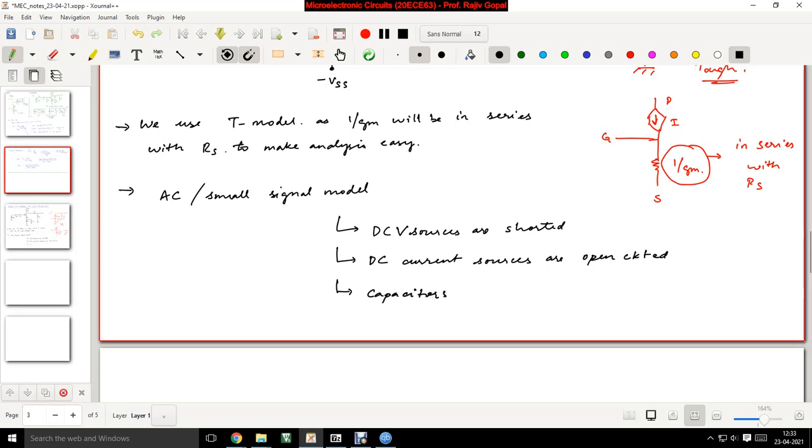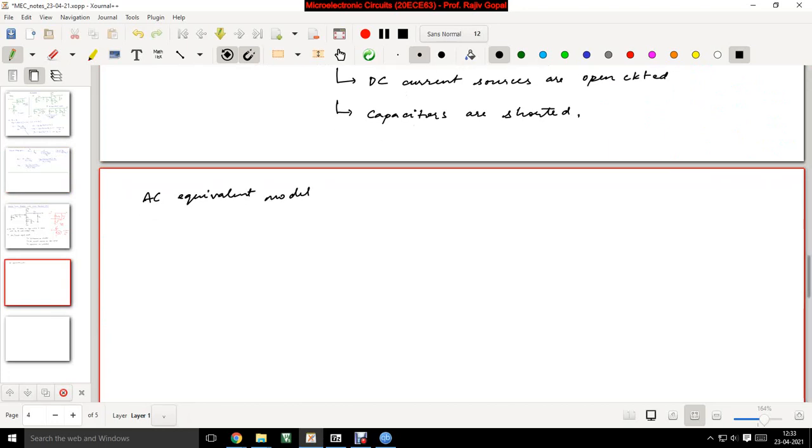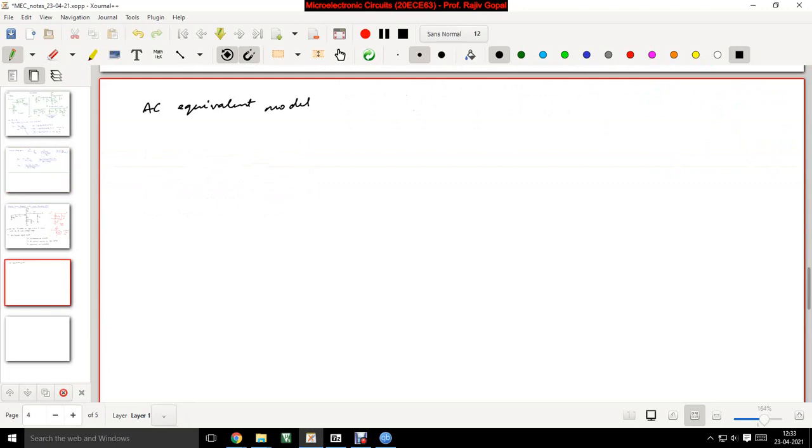Okay, so while drawing the AC equivalent diagram, you have to keep these points in mind, right? So now the AC equivalent model, if I draw, I will get it like this.